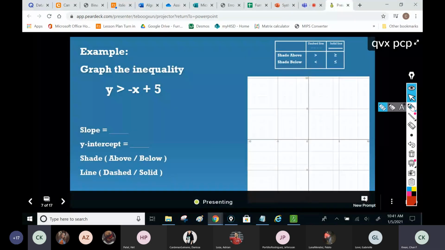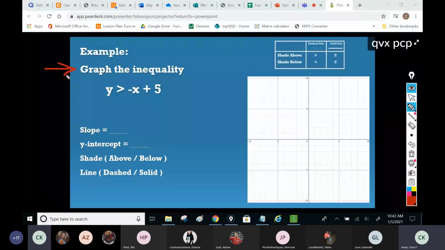All right, so let's look at this example right here. Graph the inequality y is greater than negative x plus 5. Just like before, let's try to figure out the slope and the y-intercept first.